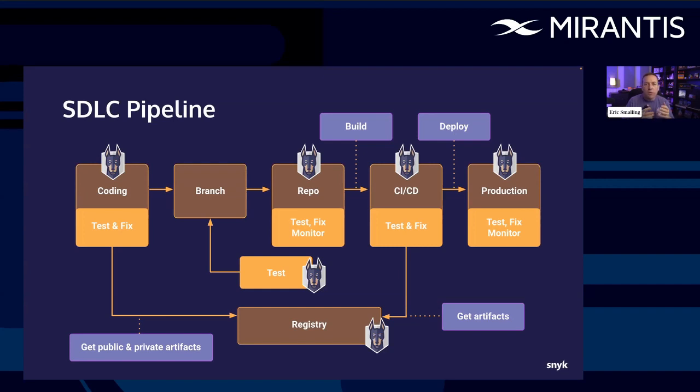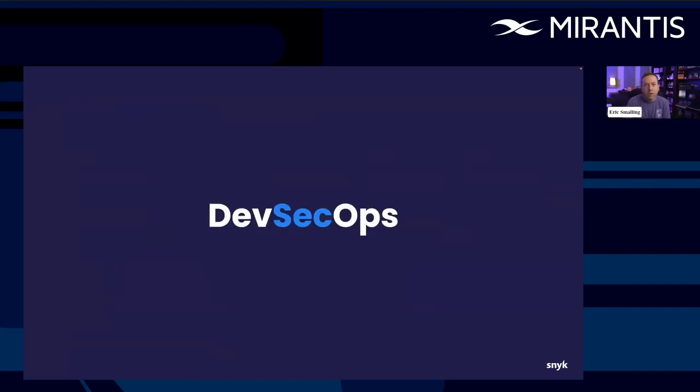So if you could get security all the way to the left as early as pre-commit, like happening on your desktop, in your IDE, that's kind of the goal. This is where Snyk lives, and a lot of tools like ours are starting to try to get into. And this is not a Snyk pitch, I'm just using our logos because I like them. This is what DevSecOps really encompasses, is including security in our little DevOps party, right?